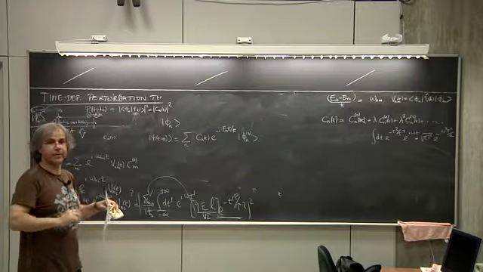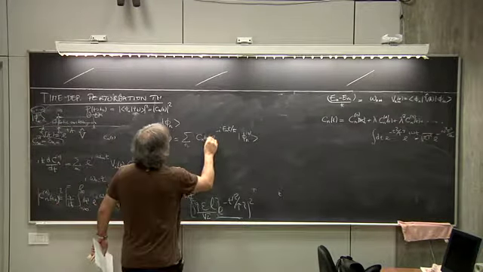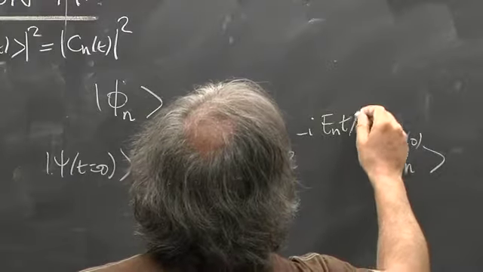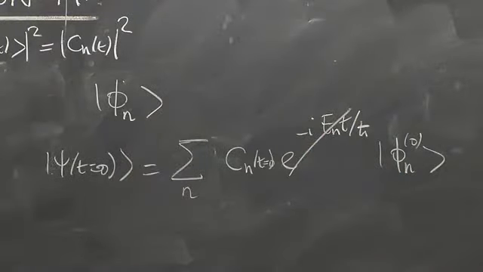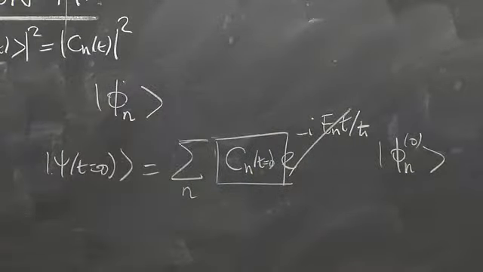I reintroduce the index 0 there. At time t equals 0, I have to put here a 0, and here a 0, and so forth. That is not important. So all I need to know is this object at time t equals 0.